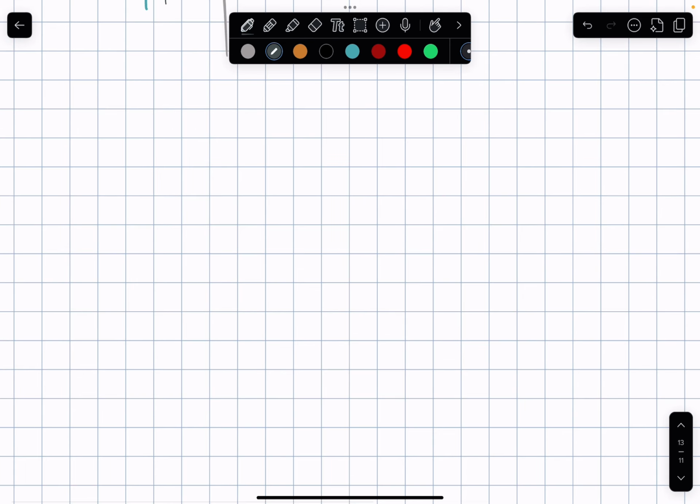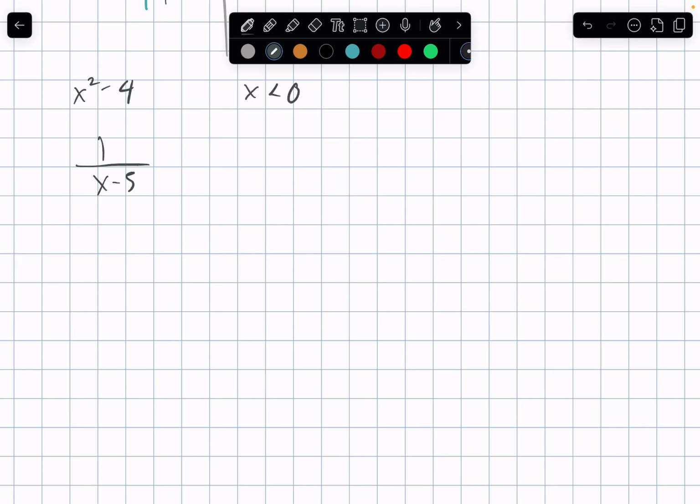Next question. So we have x squared minus 4 over x minus 5. So let's start. At x is greater than or equal to 0, y is equal to 1 over x minus 5, right?